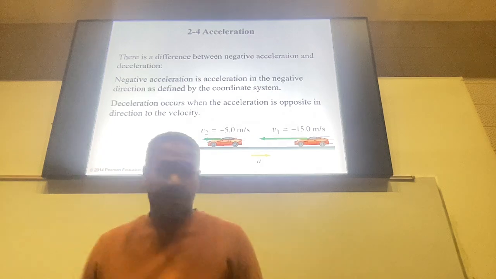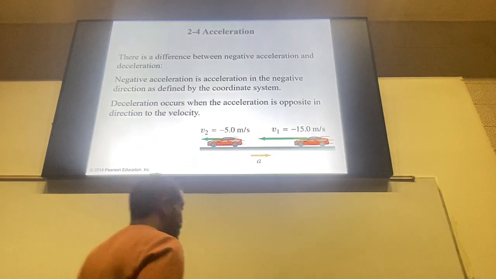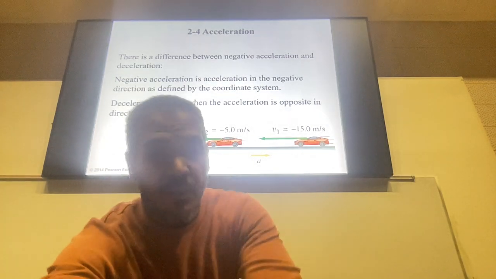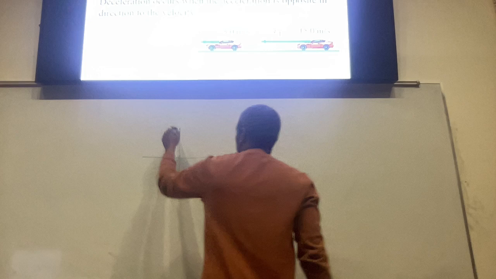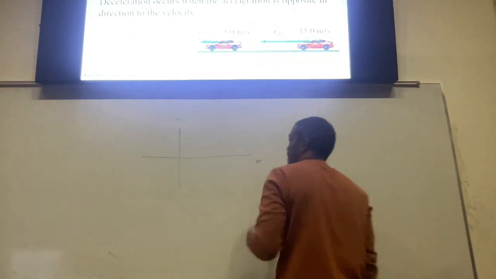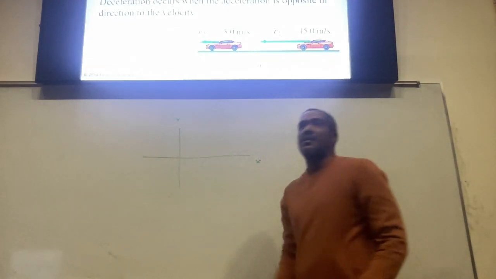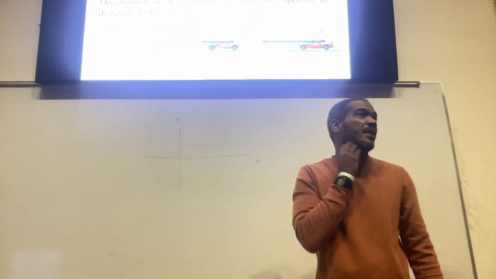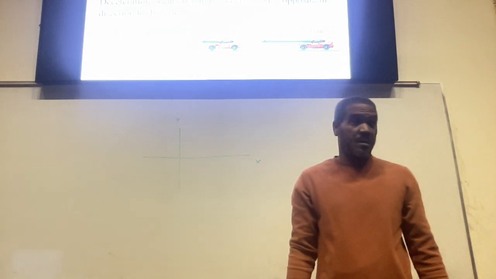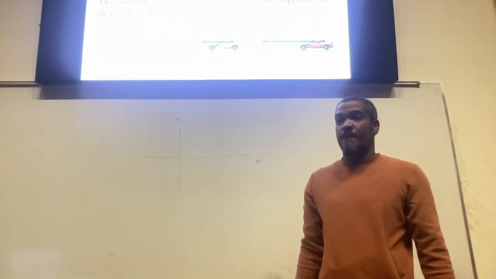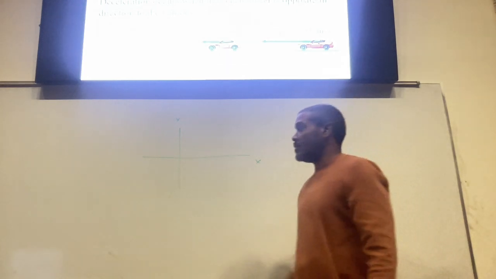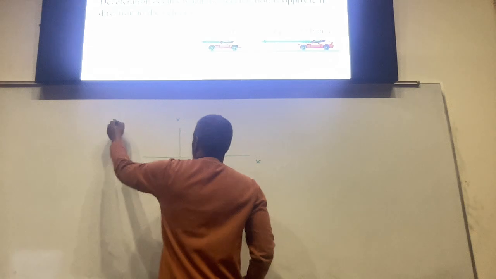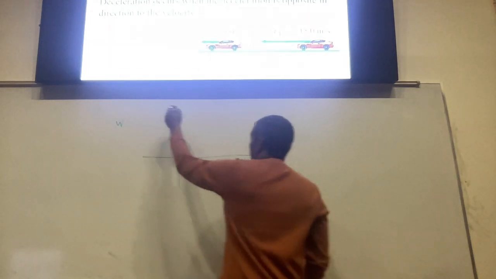let me use this one. Let's say, and maybe I should catch this with the camera as well, I have a coordinate system, a Cartesian coordinate system. This is Y, this is X, right? And I have a car, and it went west, east, north, and south.